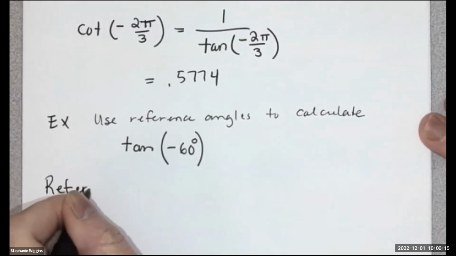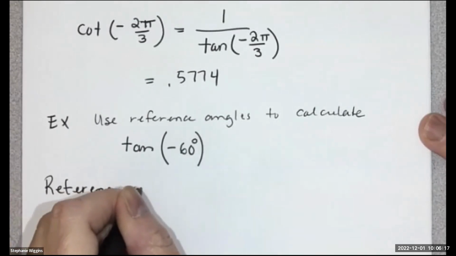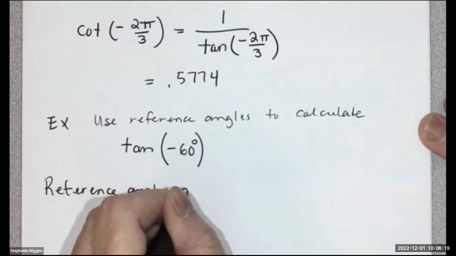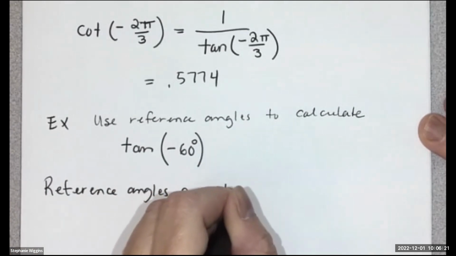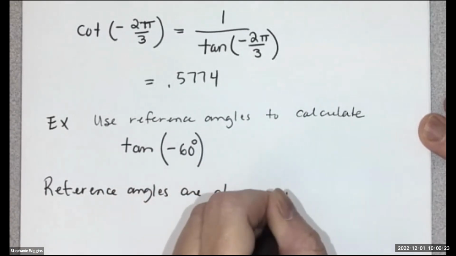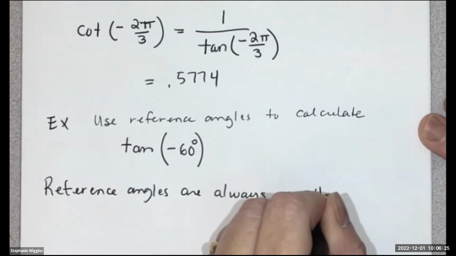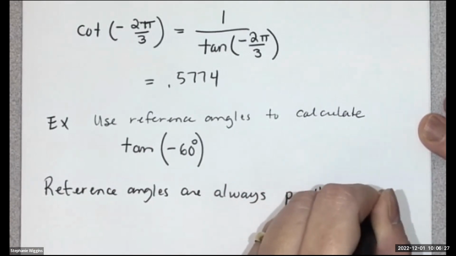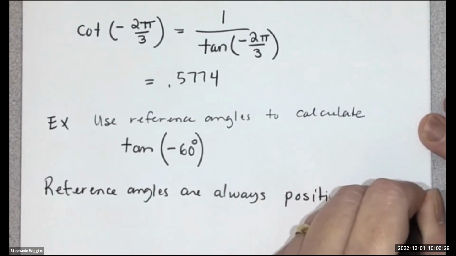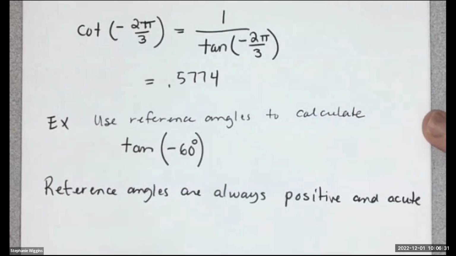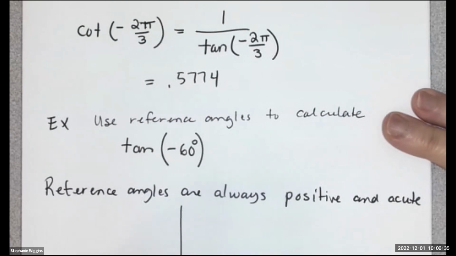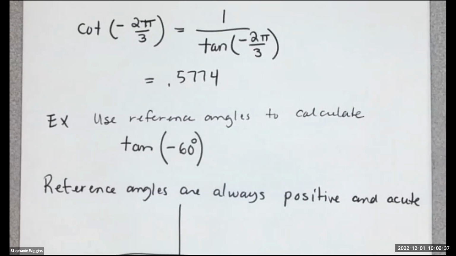Let's talk about that for a minute. They're positive too. They're positive and acute. And basically, what they mean is they're disregarding how the angle is situated, which quadrant it is in.